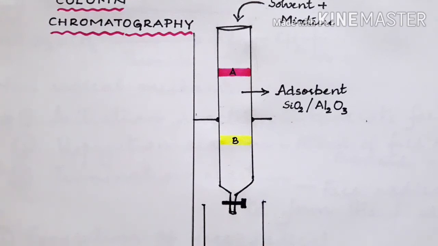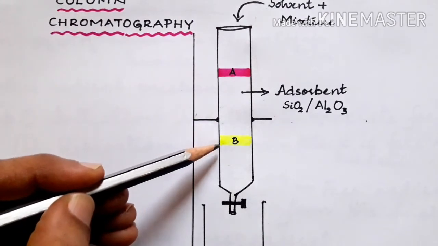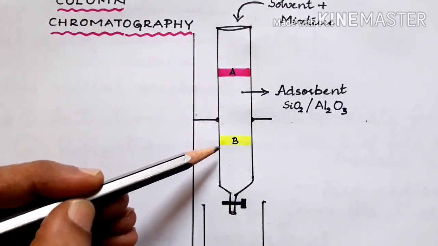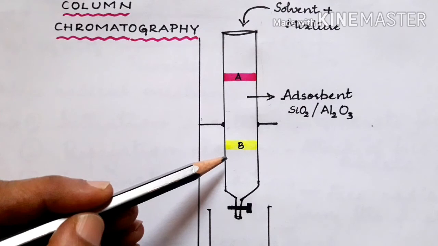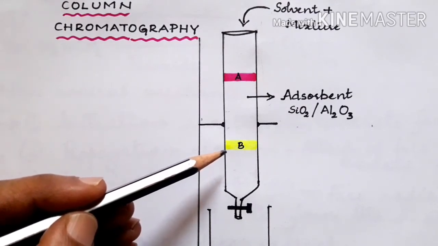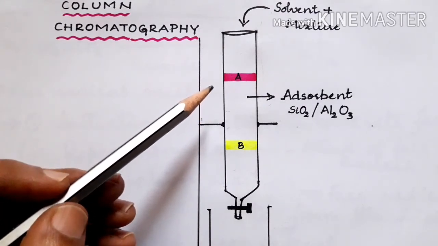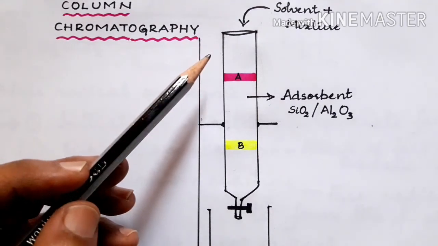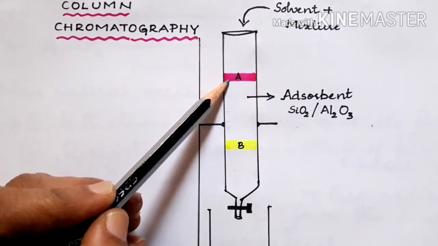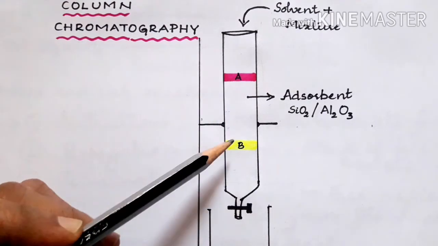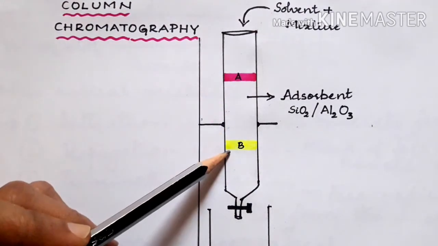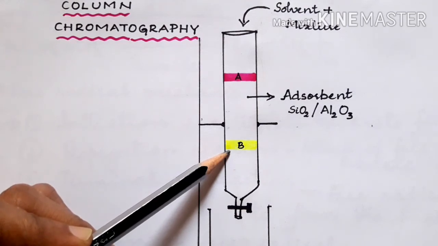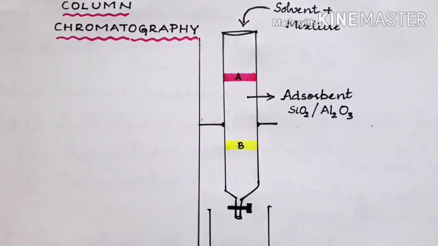Those which are less strongly adsorbed move faster, and get adsorbed at the latter part of the column, whereas the one which is strongly adsorbed gets adsorbed towards the first part. And so we get different colored bands at different regions, from which we can understand that the mixture contains more than one metal.